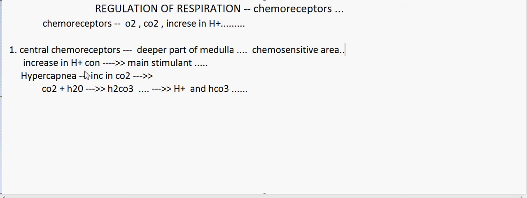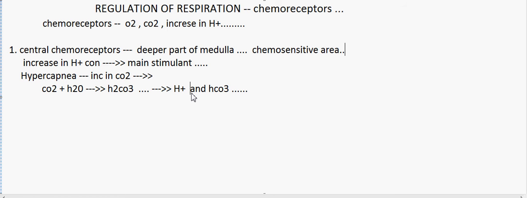So during increase in the carbon dioxide levels, there is increase in hydrogen ion levels. So the chemoreceptors come to know that there is increase in carbon dioxide because their main stimulant, that is hydrogen ion levels, have increased.